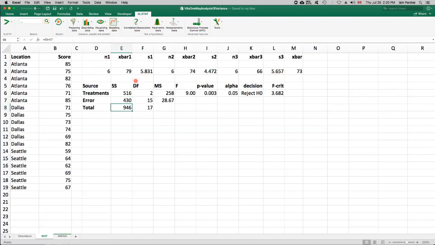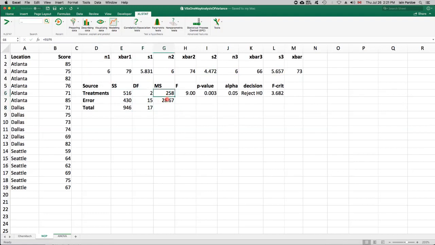And then the total sum of squares is the sum of those two. And then the degrees of freedom, well, we've got three groups in this example too. So degrees of freedom is 3 minus 1 or 2. Total sum of squares is 18 minus 1, which comes to 17. And then the error degrees of freedom is the difference between 17 and 2.